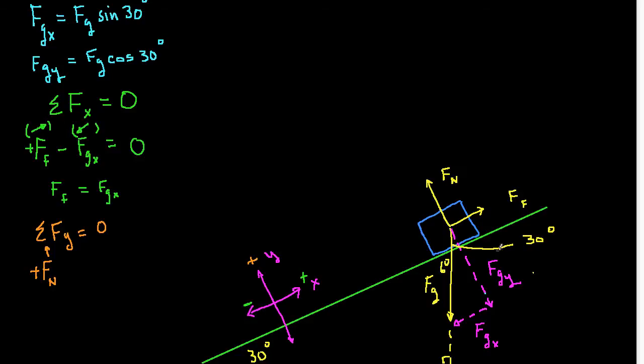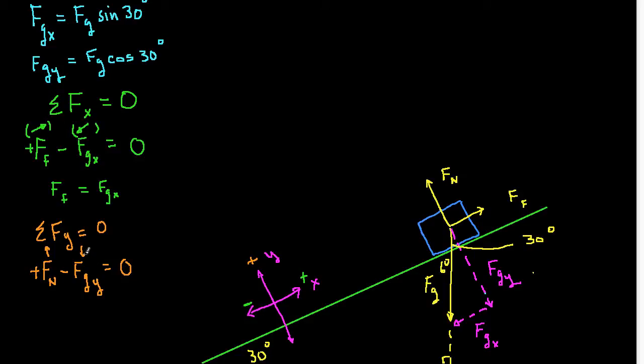Up is positive. And now we have FGY acting down, so minus FGY. So those two have to cancel each other out.